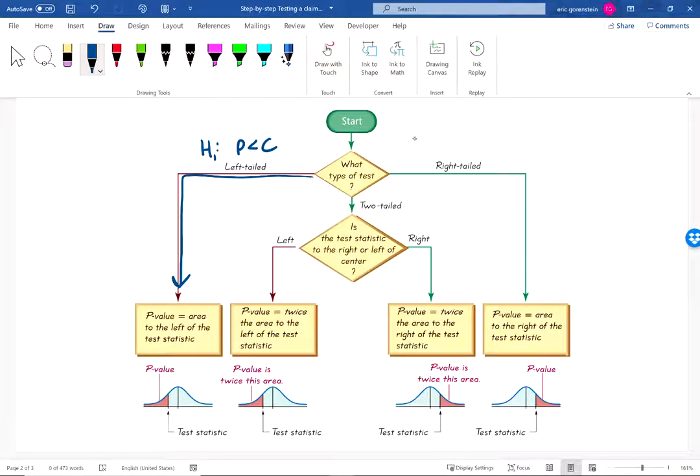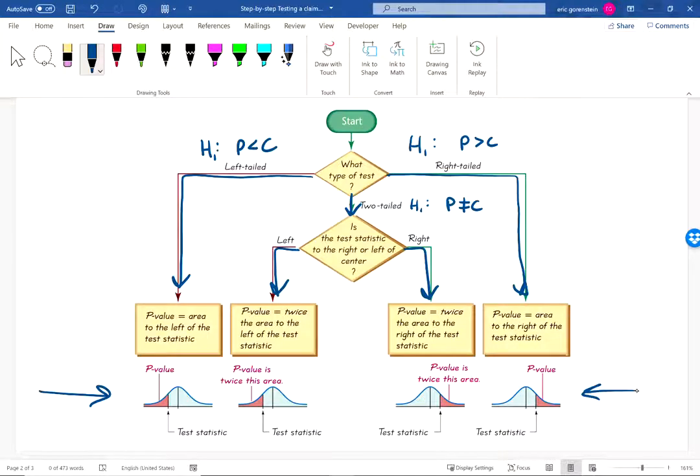Or do you have a right tail test, which happens when the alternate hypothesis uses a greater than symbol, in which case the p-value again would be the area outside the test statistic. Or do you have a two-tailed test, which happens when the alternate hypothesis uses a not equal to symbol. In that case, whether it's left or right doesn't matter. It's twice the area outside of the test statistic. So down here is sort of visually where the p-value is coming from.